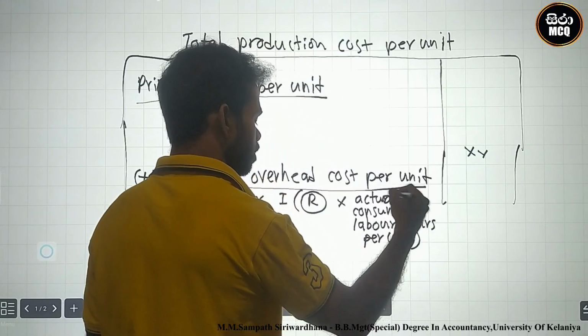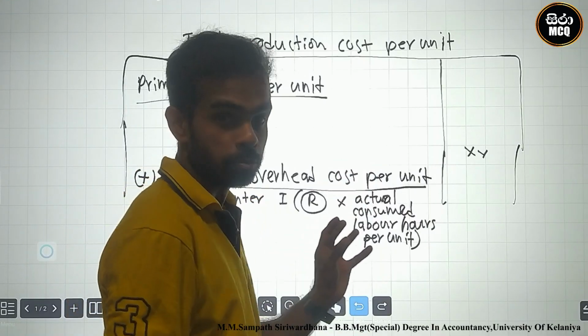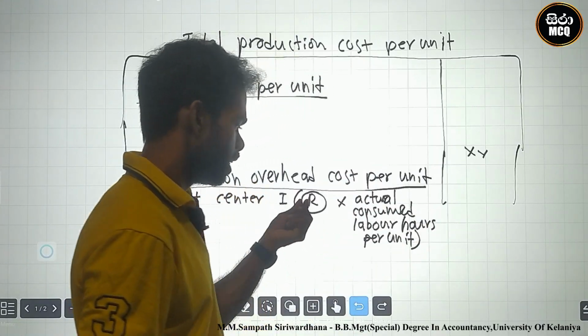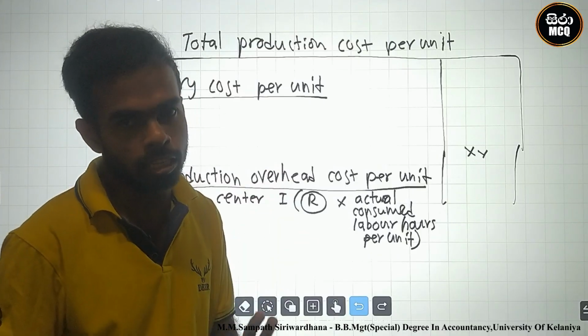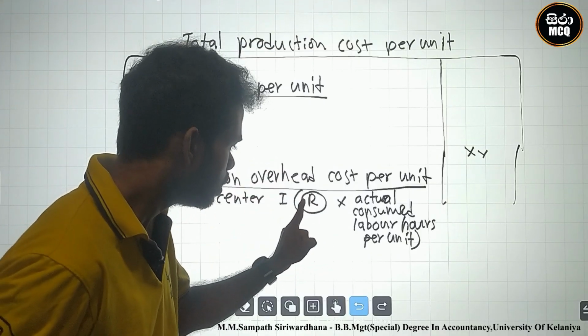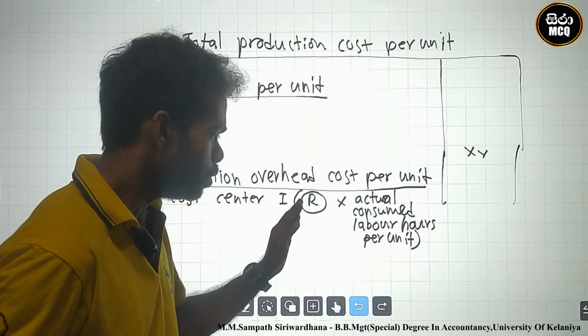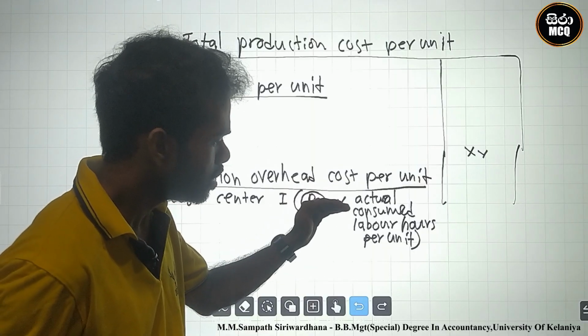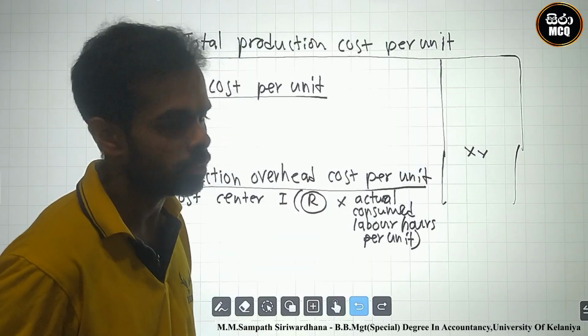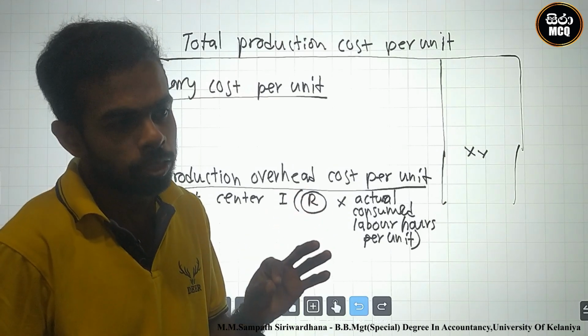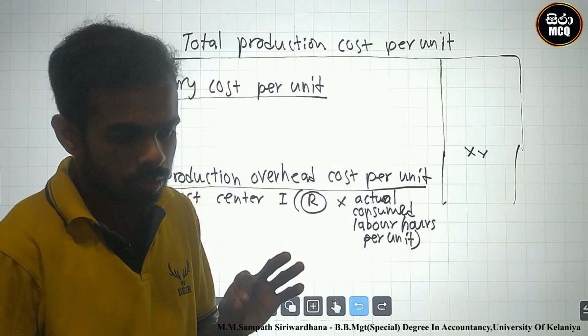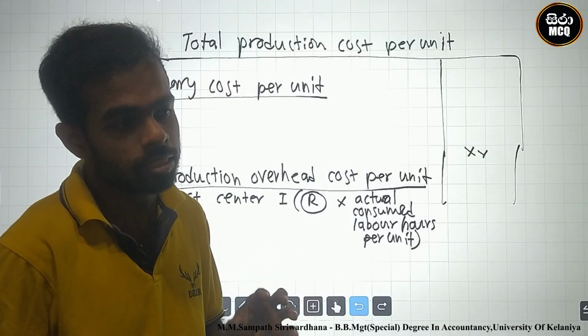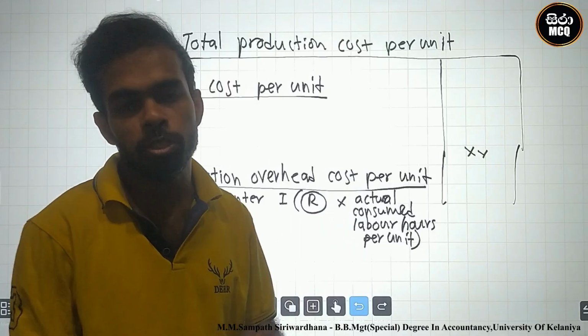After multiplying this, you absorb the rate per machine hour. There is the absorption cost per machine hour. You multiply by the actual consumed labor hours per unit, the actual number of labor hours consumed for 1 unit produced.